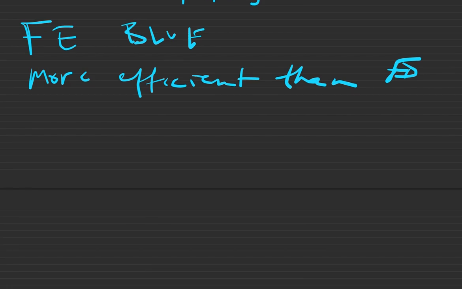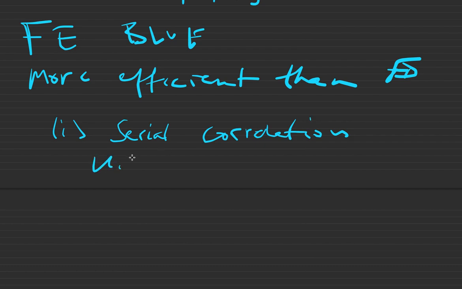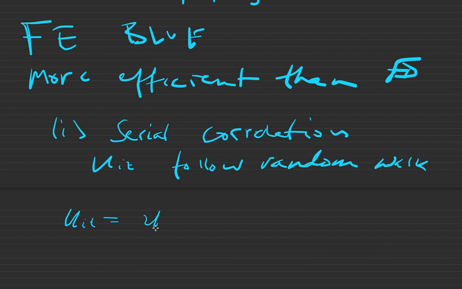If the errors are serially correlated, so if we have serial correlation, and the u_it follow a random walk, a random walk is given by the following process. u_it is equal to u_i,t-1 plus e_it.